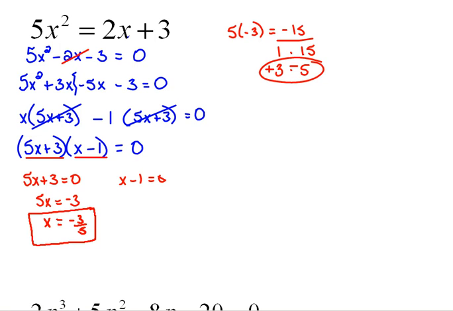There's one answer. For the second answer, we would need to add 1 to both sides to get x equals a positive 1. So we had to do quite a bit of work with that problem, but you have to keep in mind that you need factors set equal to 0 in order to be able to use that property.